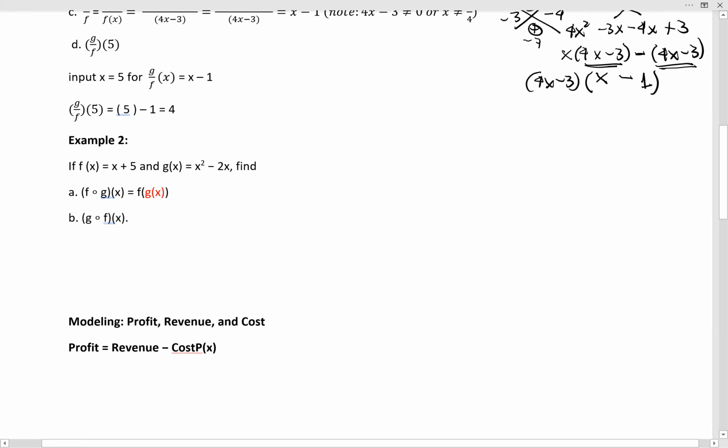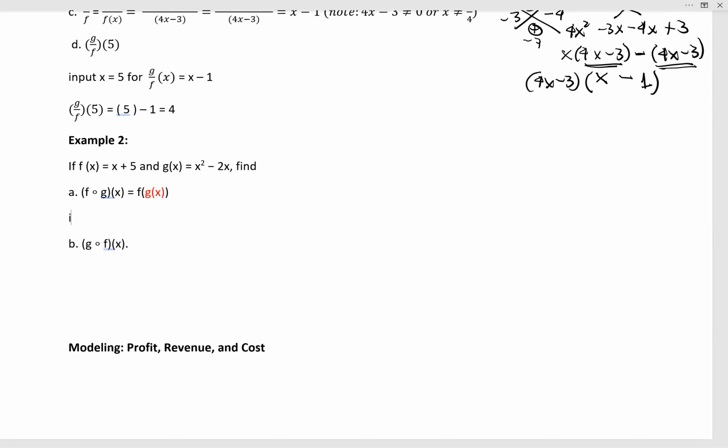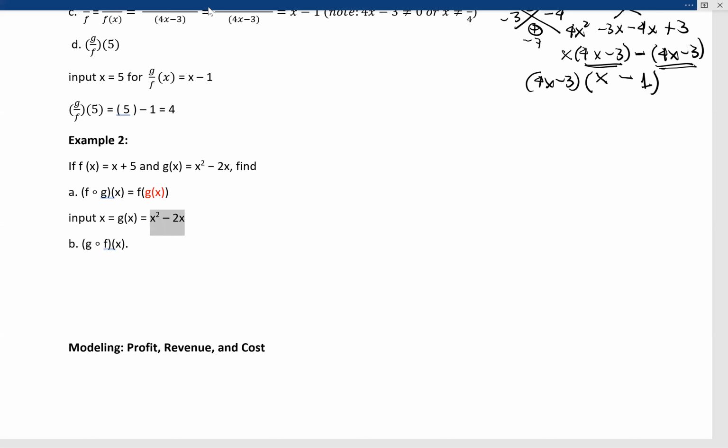So what does that mean? Let me write down. Input x equal to g of x. What is that? It is x squared minus 2x, right? So this is all input.